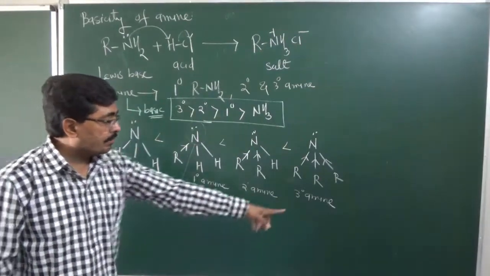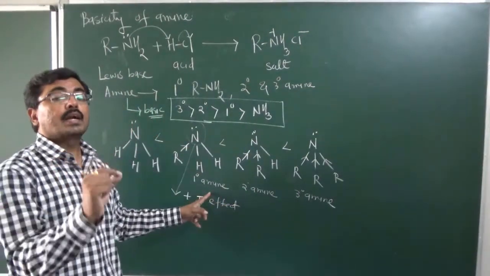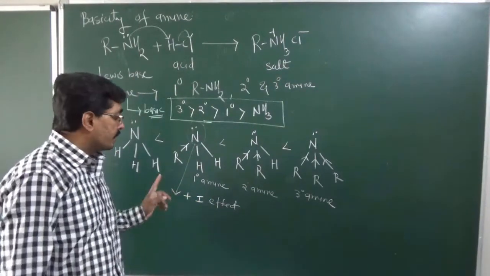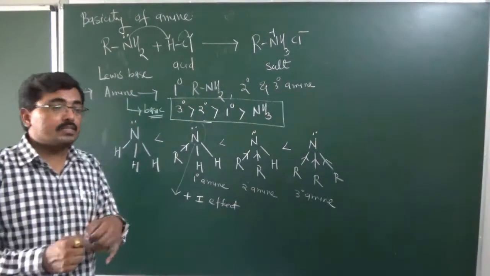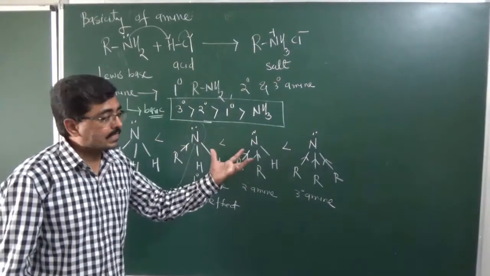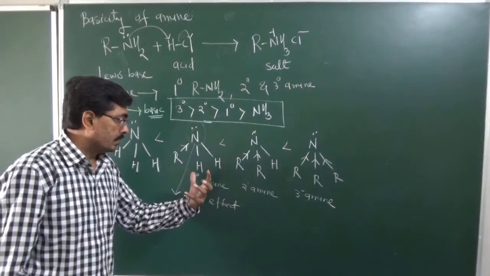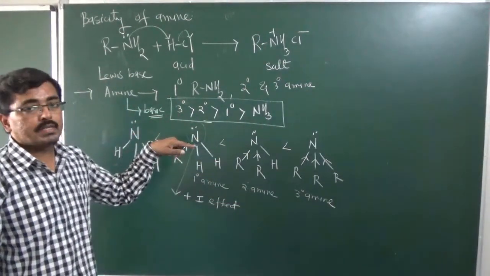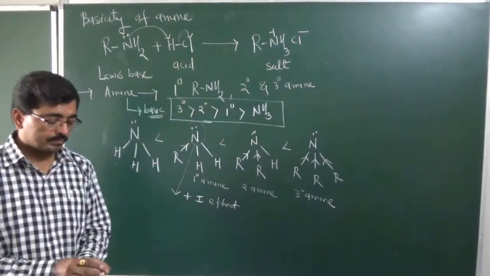Because as we go from tertiary amine to secondary, and secondary to primary amine, electron density decreases. As we go from primary amine to secondary, and secondary to tertiary amine, electron density increases. When there is more electron density, it can donate easily. Therefore, due to the inductive effect, the tertiary amine is more basic than the secondary, which is more basic than the primary, and the primary amine is more basic than ammonia.